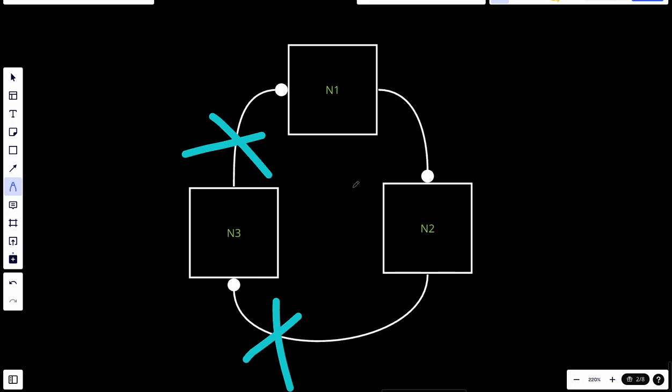If we choose consistency over availability, we must block write operations to N1 and N2. So basically, if N3 cannot connect with N1 and N2, we cannot accept any write requests to N1 and N2 at all, to avoid data inconsistency among these servers.